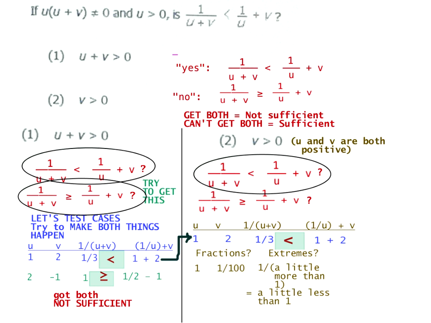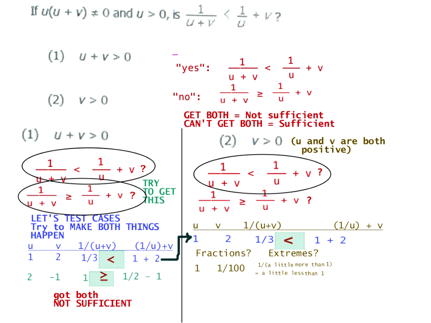That's good. Text is getting big. Let me make it smaller. All right, 1 over a little more than 1 is a little bit less than 1. But the right-hand side here is going to be, let me add a couple more places to that column, 1 over u is already 1, and then v is positive.